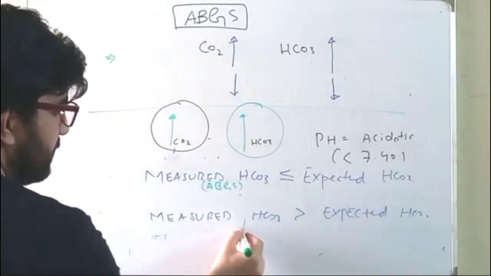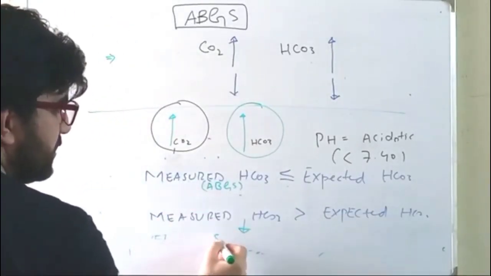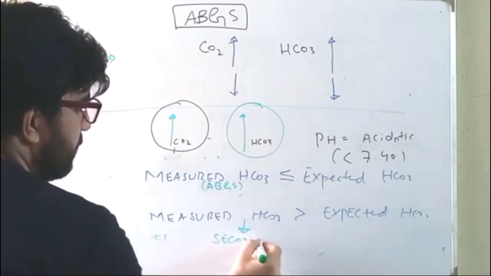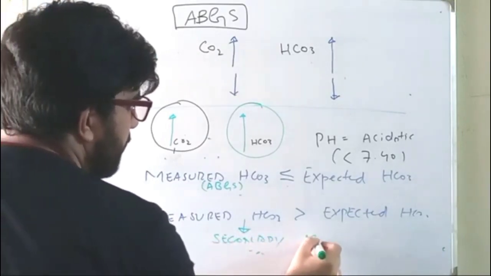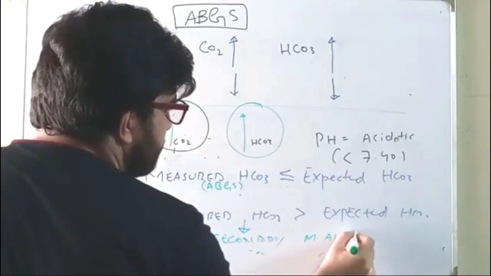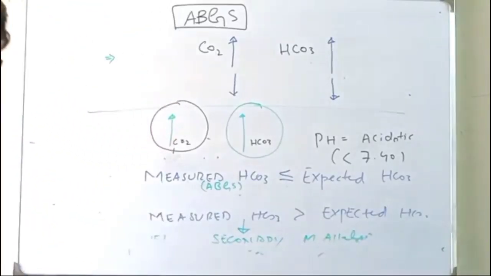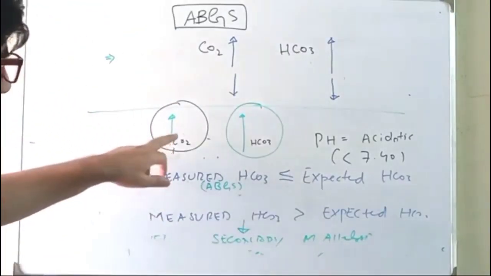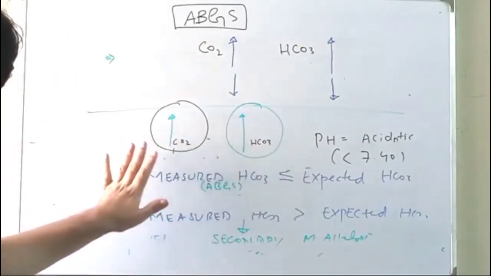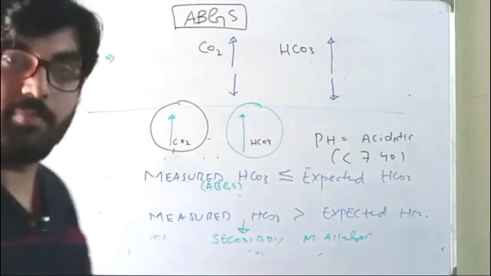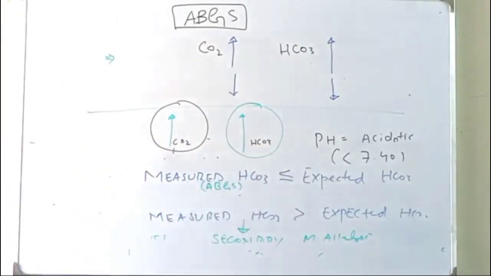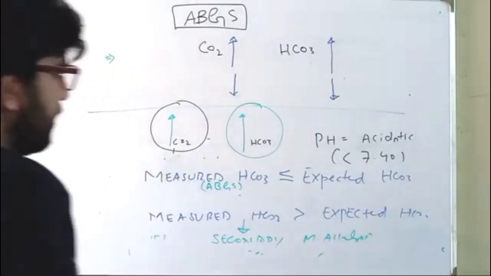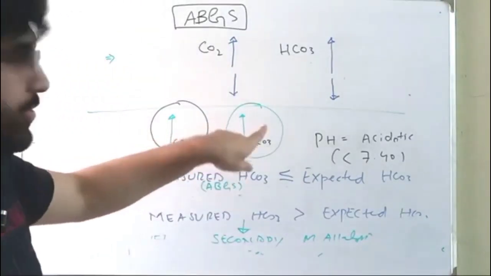Now if this condition applies, this is secondary metabolic alkalosis. I think I'm clear up to this. We will discuss example later on so that you will be able to pick how compensation occurs.